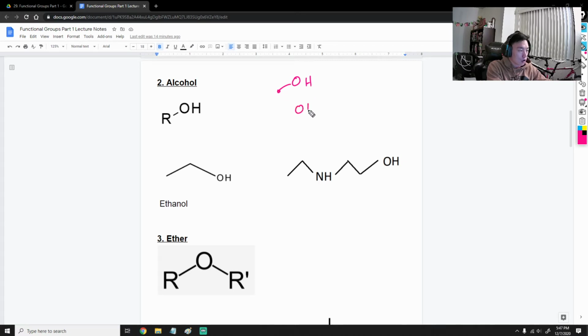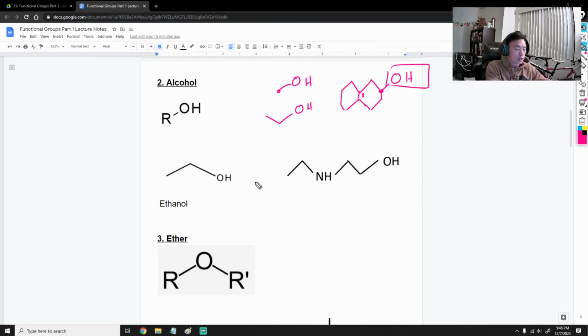You can have OH connected to two carbons. You can have OH connected to four carbons. Or you can have OH connected to an entire super complicated structure. It doesn't matter, because if there's an OH connected to a carbon, an R, it's going to be an alcohol.